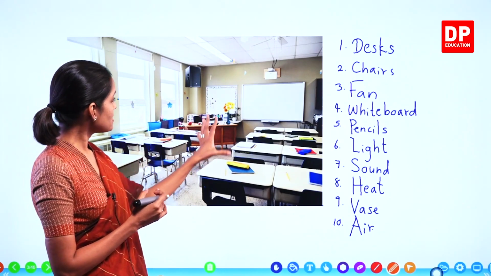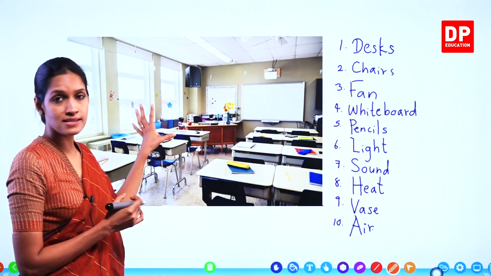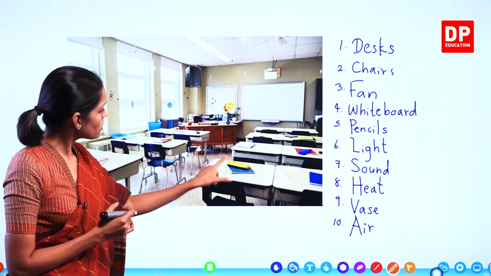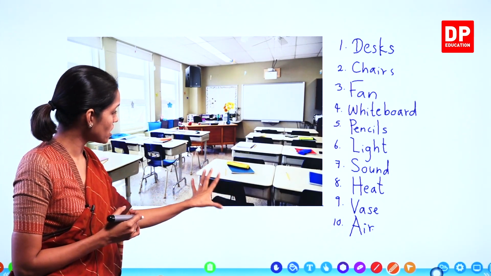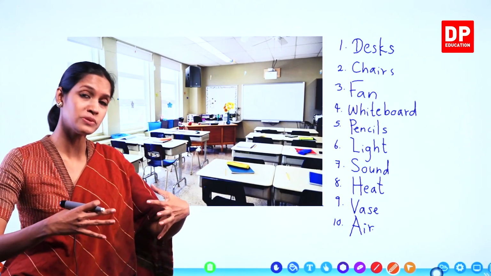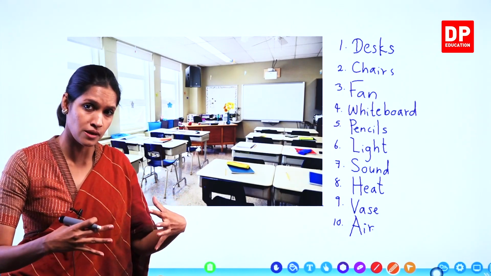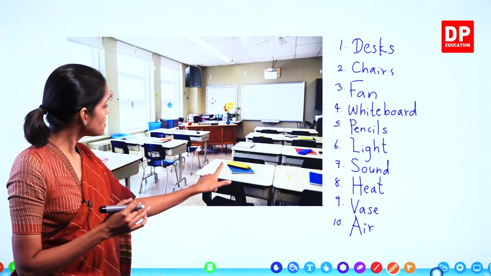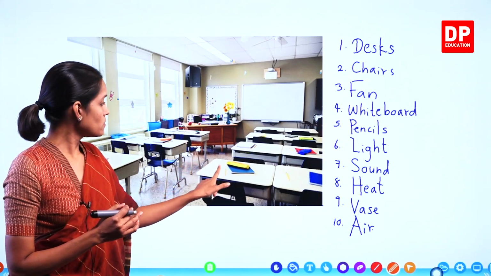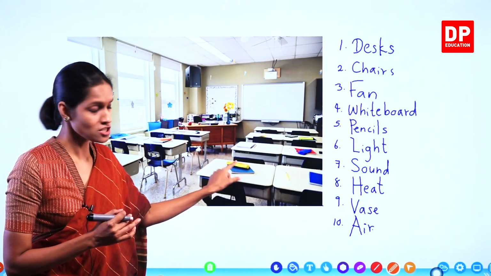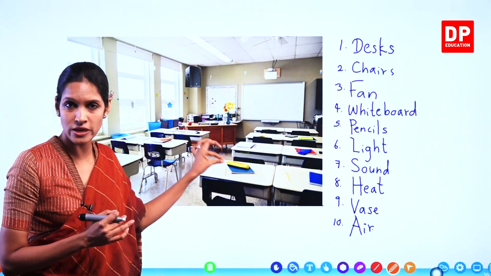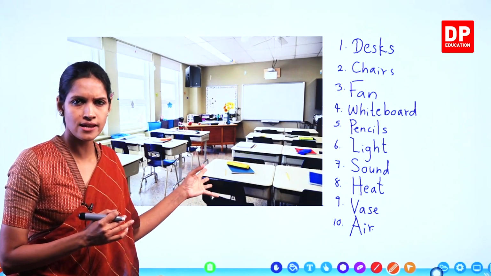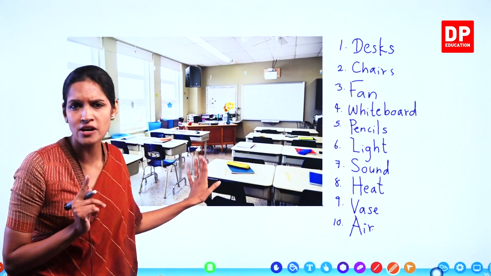Now we'll consider a different characteristic, children. Now look at these objects present in this classroom. If you look at this desk and chairs, you all know that they need a particular place to keep them, right? Take this pencil. Now let's say in the pencil case, you need some space for this pencil. You will not understand this if I consider only one pencil.